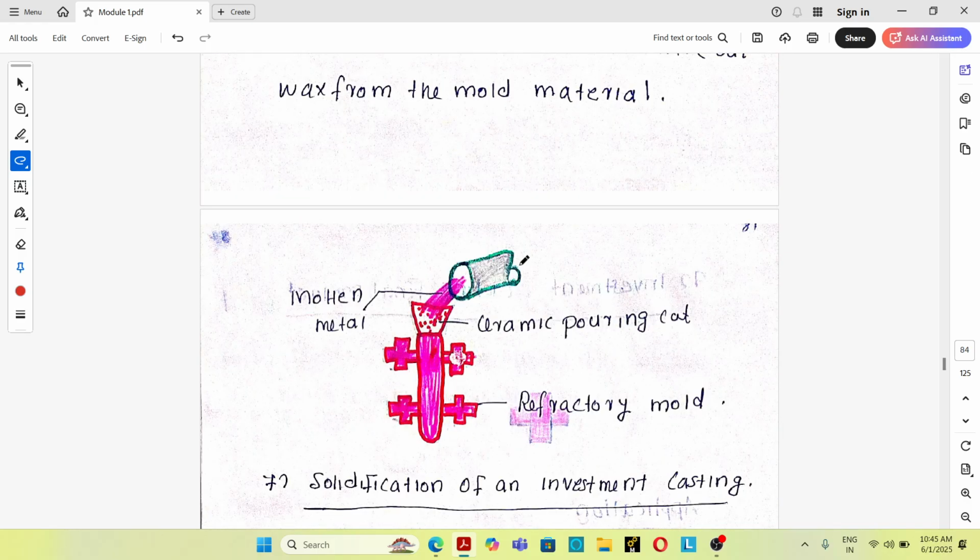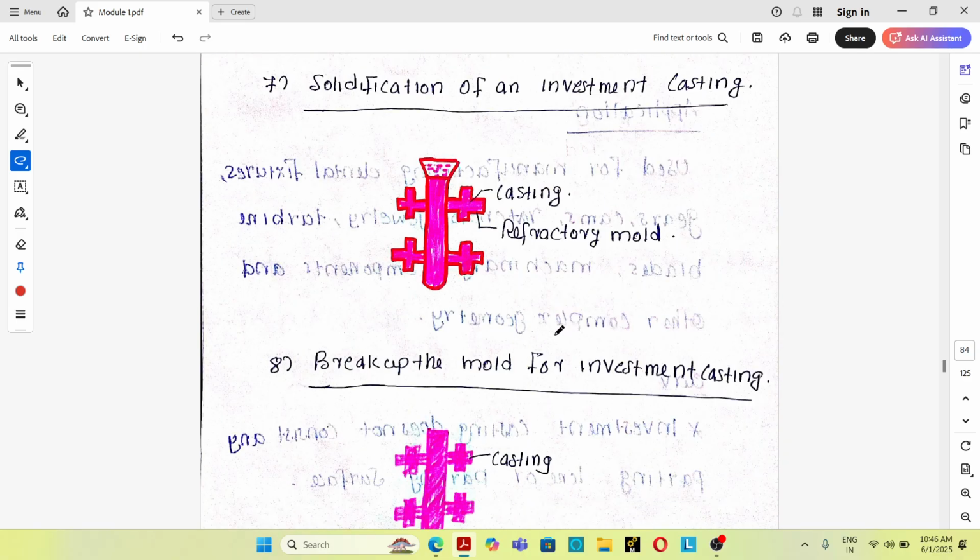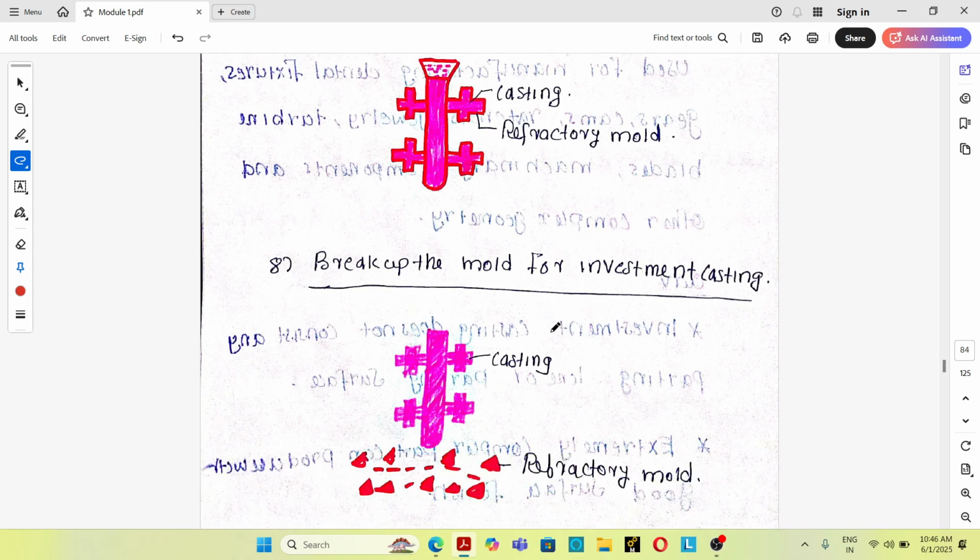After heating, the molten material is poured into the mold. The molten material completely fills the cavity in the investment casting mold. Then solidification will take place. During solidification, the molten material is transformed into the solid state. After solidification, the entire mold is broken and the product is taken outside.